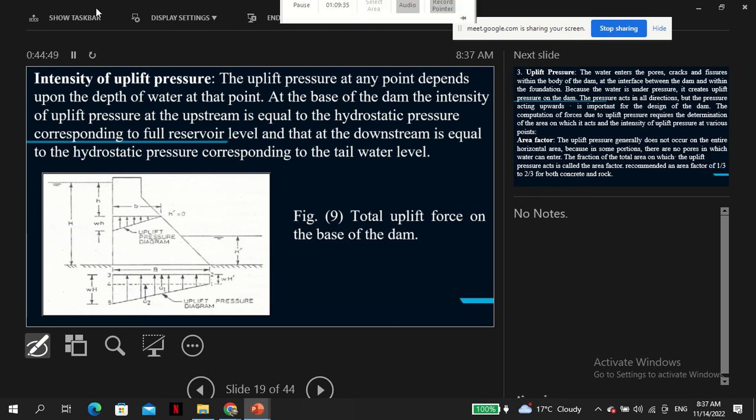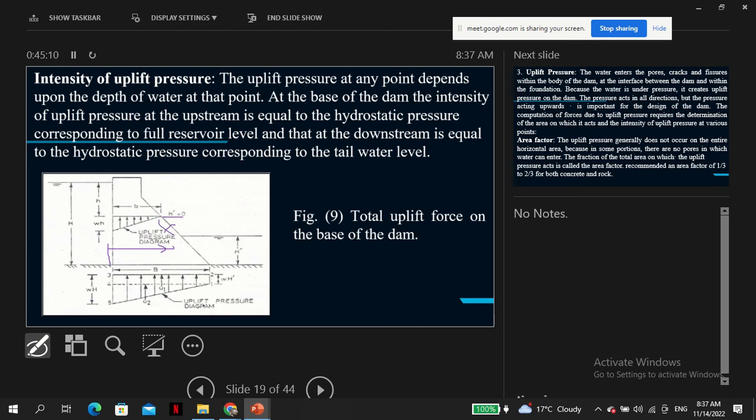So using the same idea, take the reference here. The point at which the resultant is acting is some x bar, which we don't know.